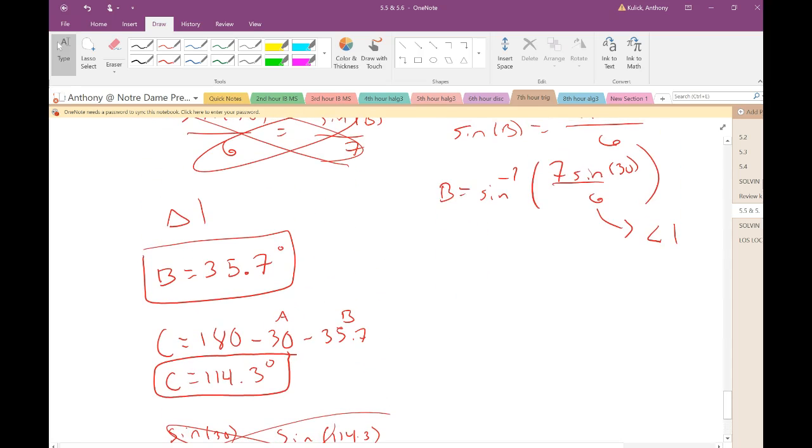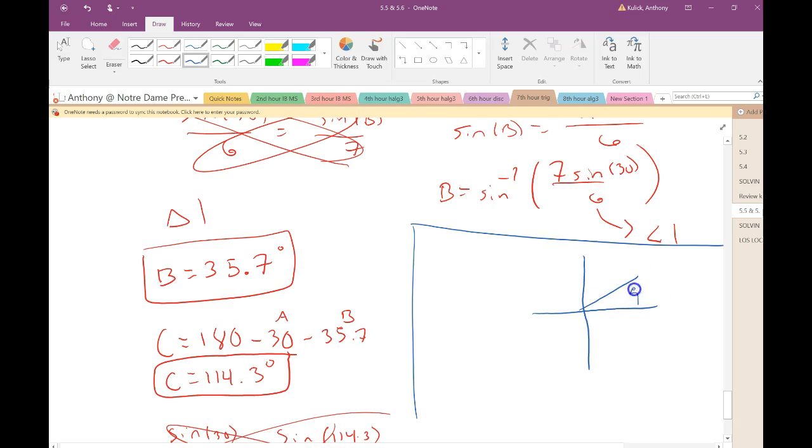Now let's find triangle 2. So to do that, I know that this angle was 35.7.